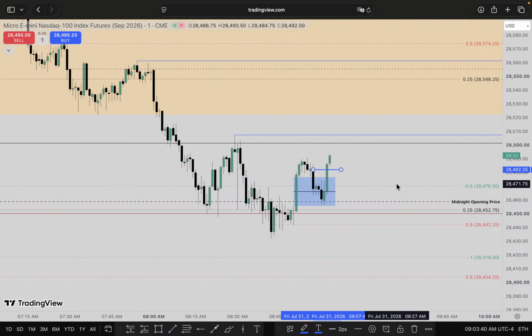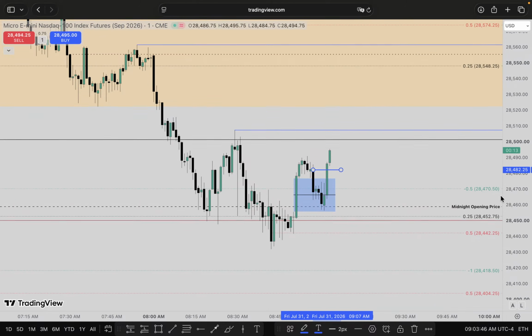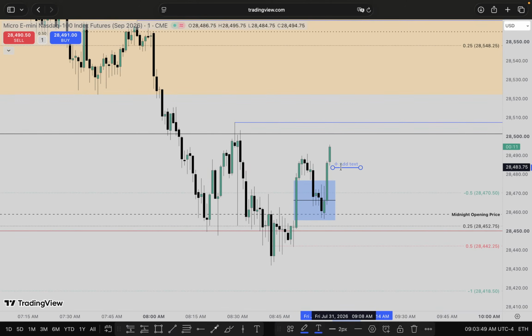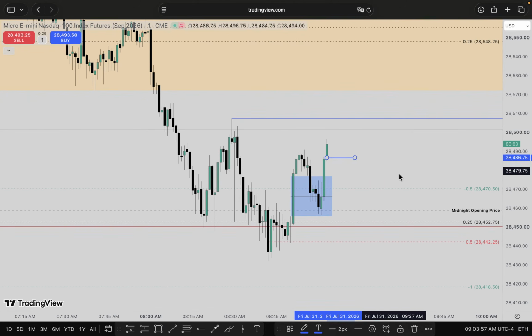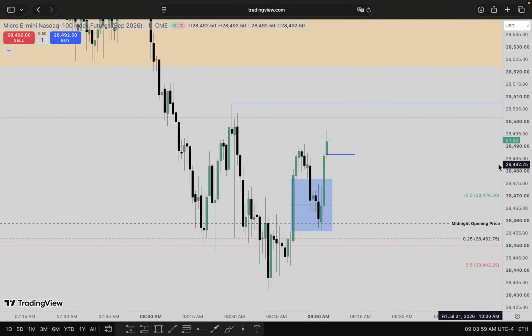Not just yet. I want a closure above. We got this volume imbalance right here. I like that. So once this candle closes and it drops inside this volume imbalance, that's where I'm gonna go long.